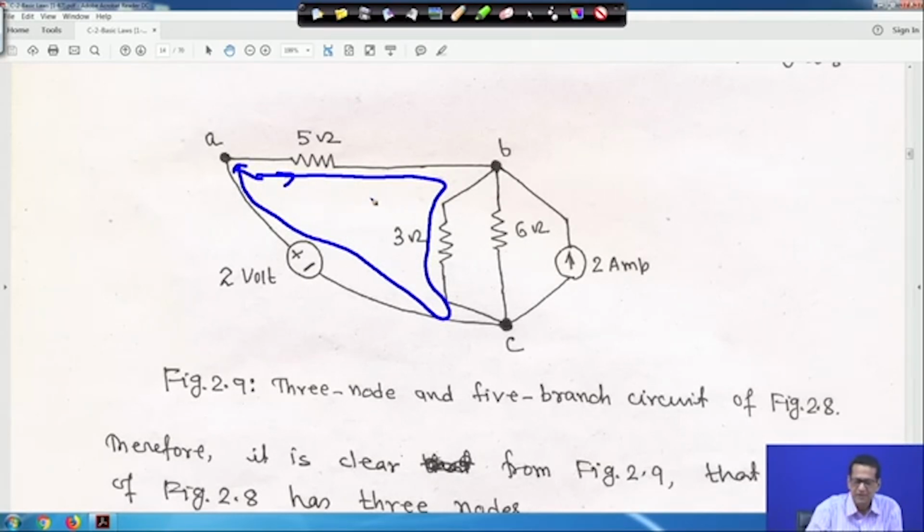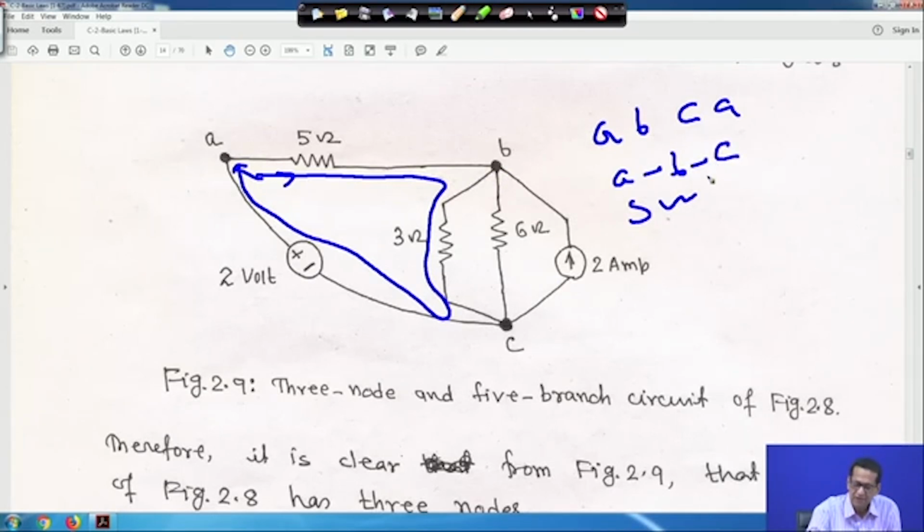This is another loop, also A B C A, but from A to B you have the 5 ohm resistor, then B to C the 3 ohm resistance, then C to A the 2 volt source. So 5 ohm, 3 ohm and 2 volt, this is also a loop.